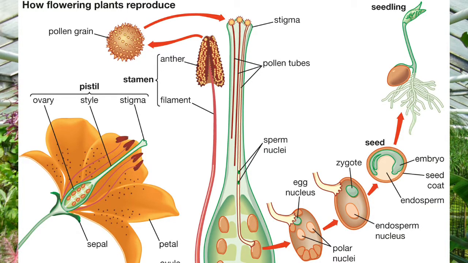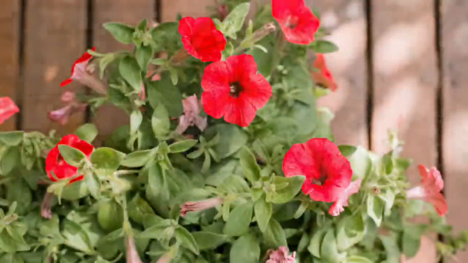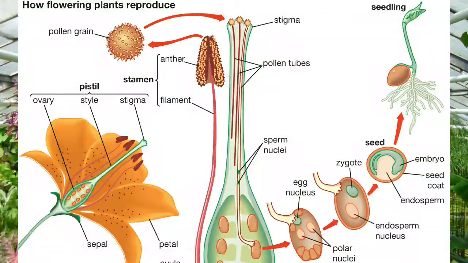Types of flowers. There are some flowers that have both stamens and pistil, and this type of flowers are called bisexual flowers. Most flowers are bisexual, for example mustard, rose, petunia, etc. Whereas some flowers have only one reproductive part, that is either only stamens or only pistil.